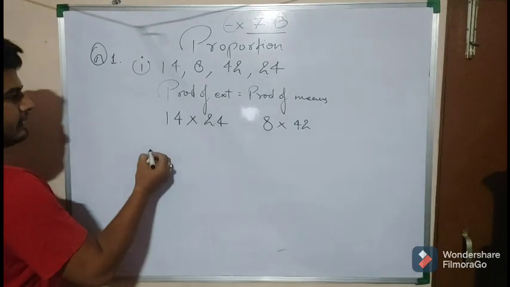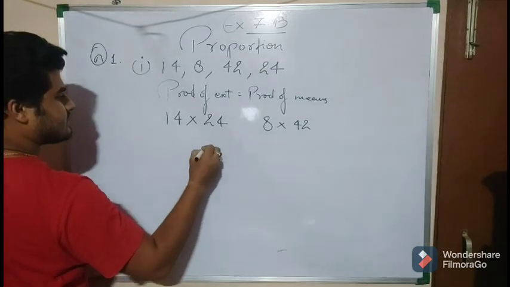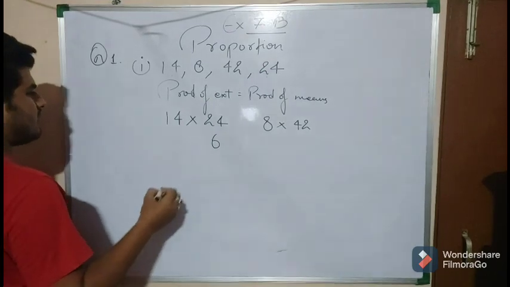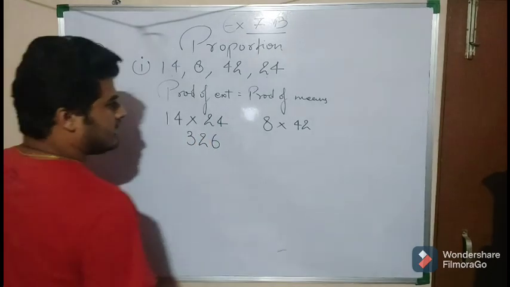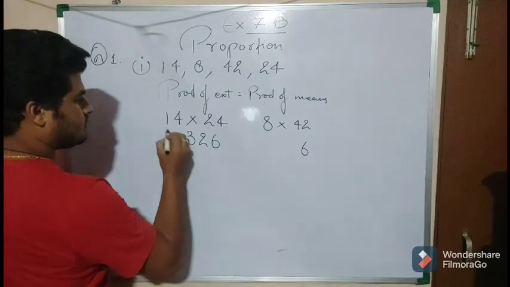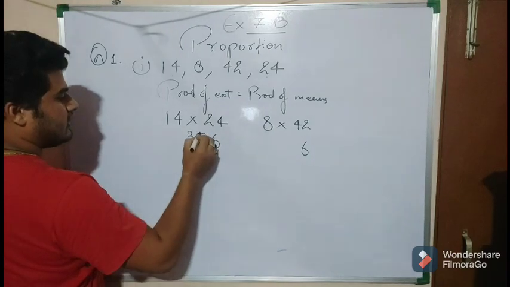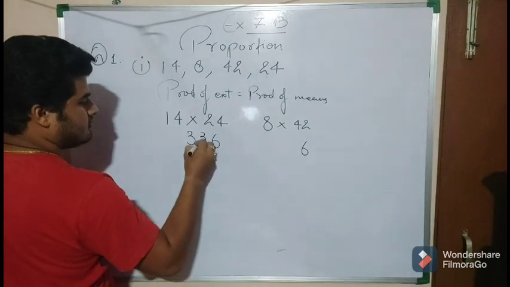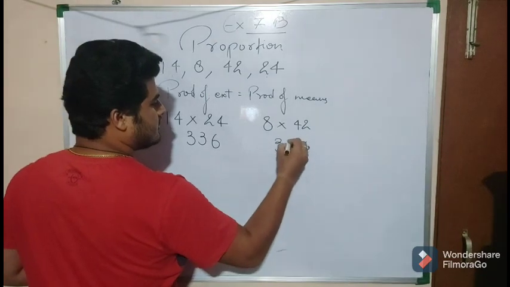So multiply it. 14 fours are 56, 6 written, 5 carry. 14 twos are 28, 28 and 5 is 33, so 336. Then 8 twos are 16, 6 written, 1 carry, 8 fours are 32 and 1 is 33, so 336.